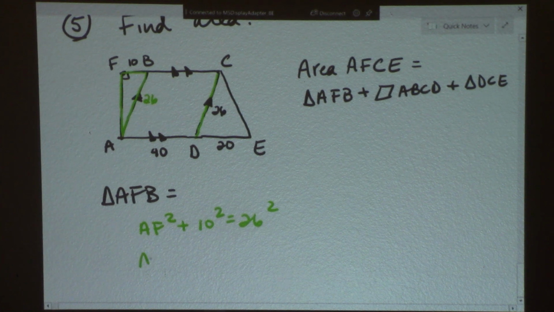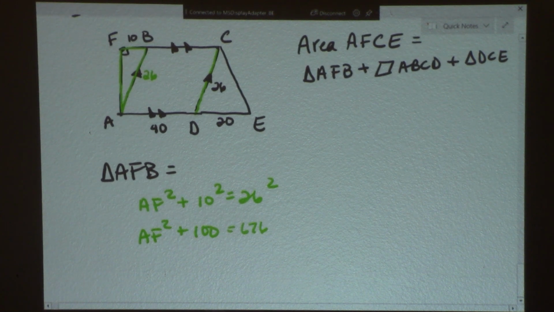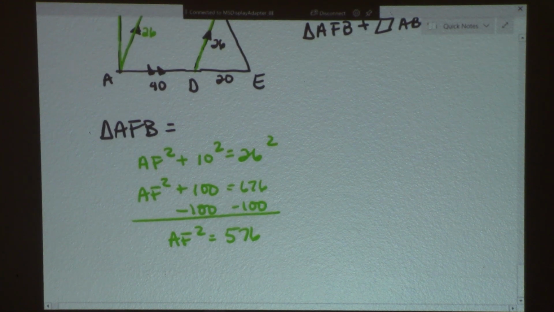I don't know AF, but I do know 100, and 26 squared equals 676. So now I subtract 100, and I get AF squared equals 576. Take the square root, and AF is 24.